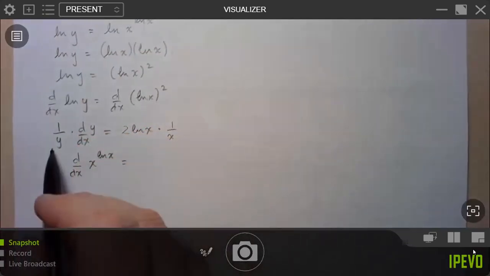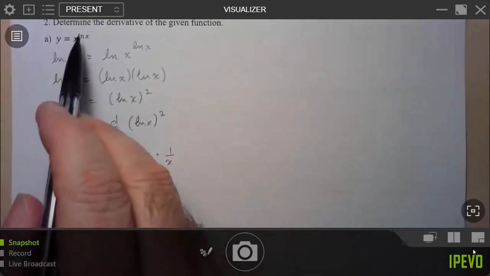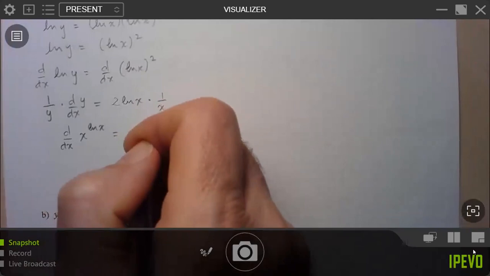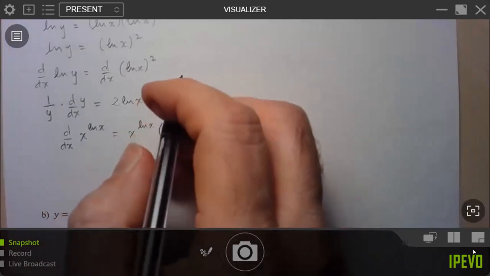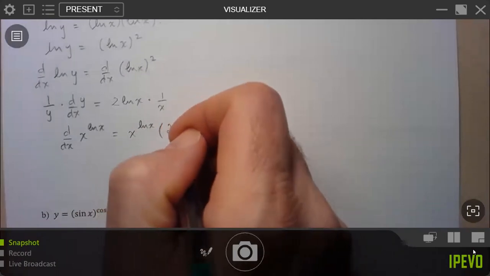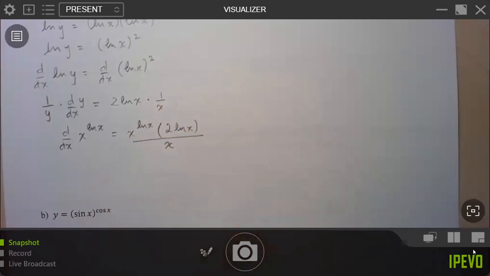And then here we'll multiply the y to the other side, but of course, what is y equal to? Just x to the ln x. And then here we're just left with 2 ln x. And I guess we can put the whole thing over x.